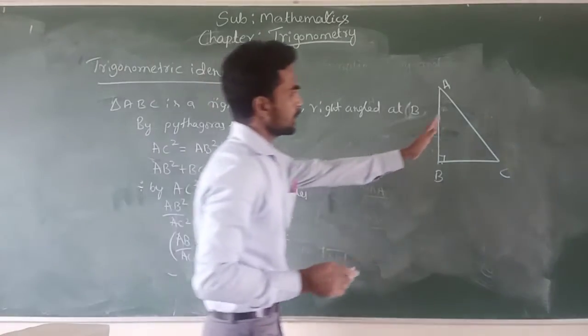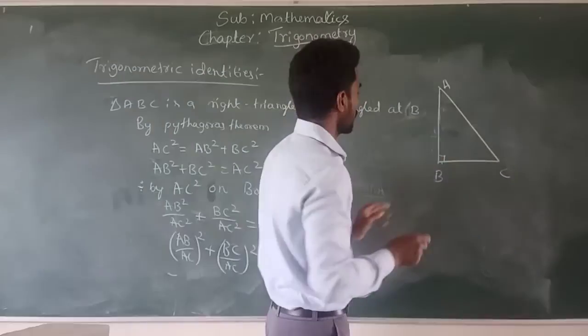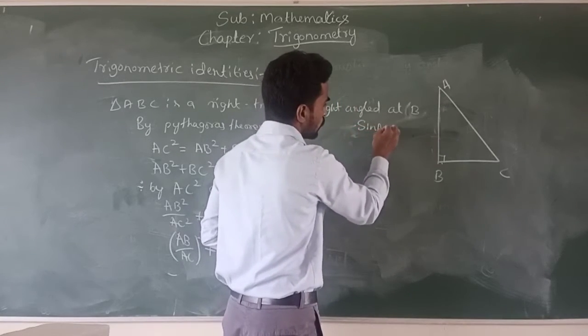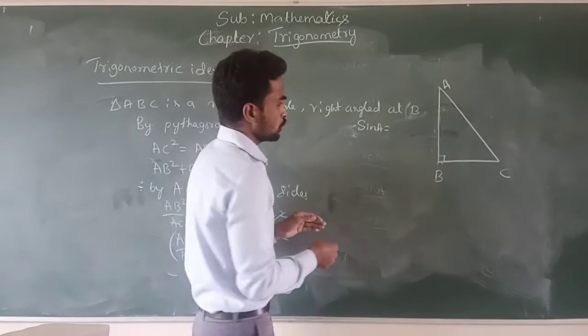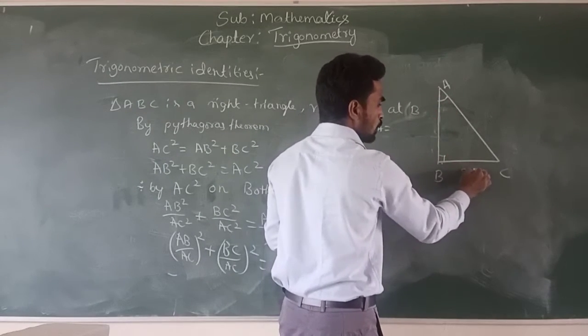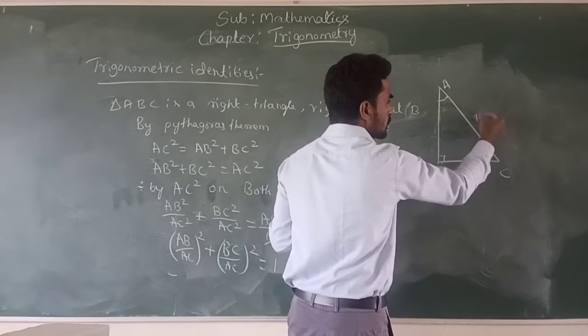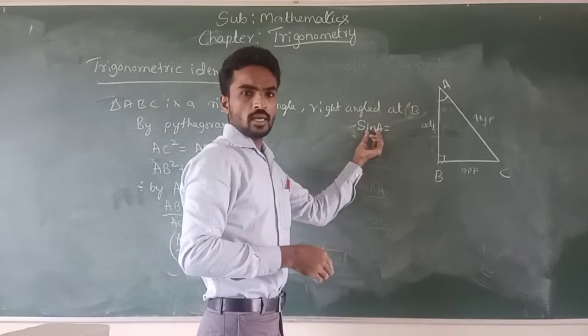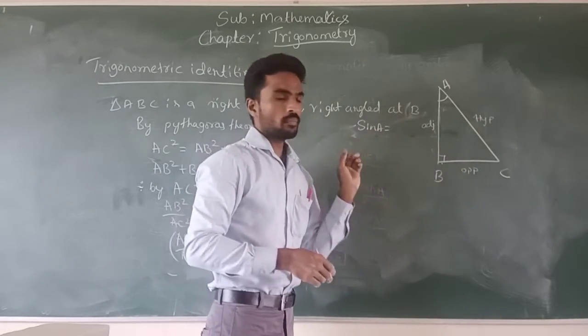Now apply the trigonometric ratios for this triangle. Then sin A is equal to, formula for applying for angle A. This is called the opposite side, this is the hypotenuse side, this is the adjacent side. We already know that sin A is equal to opposite divided by hypotenuse.